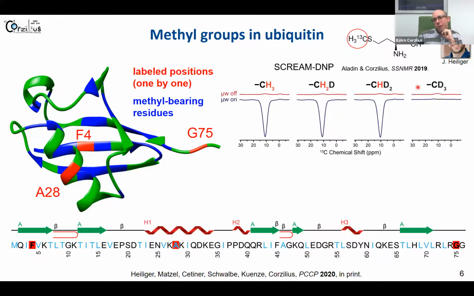Only if we get rid of all the protons in the CD3 isotopomer, we get rid of this cross-relaxation mechanism. And so we know, okay, when we want to get efficient DNP, we have to get rid of this dipolar relaxation mechanism. That means we have to substitute all methyl protons by deuterium.